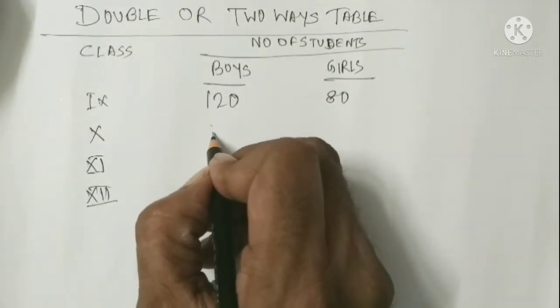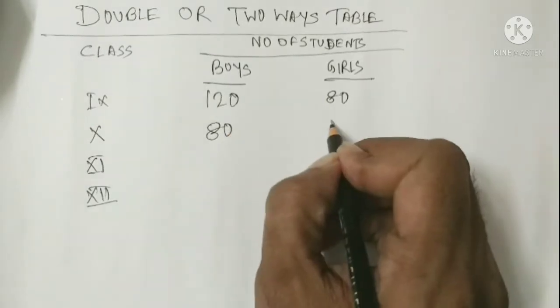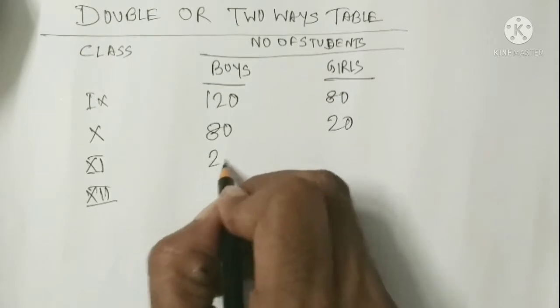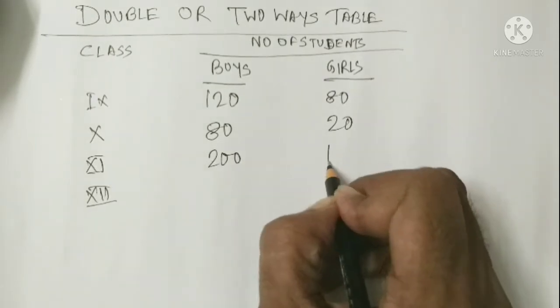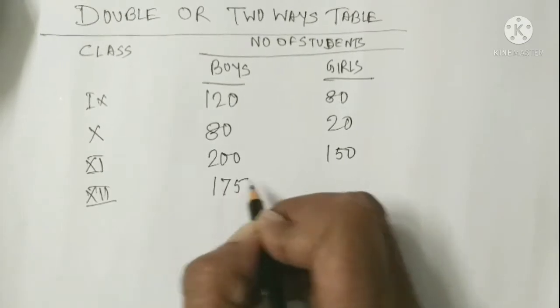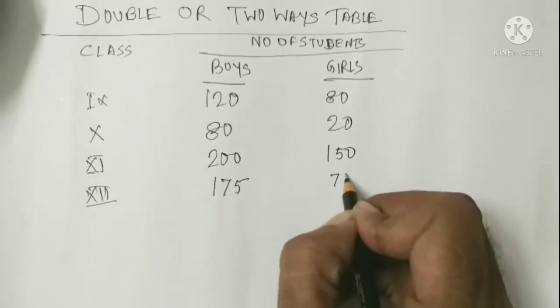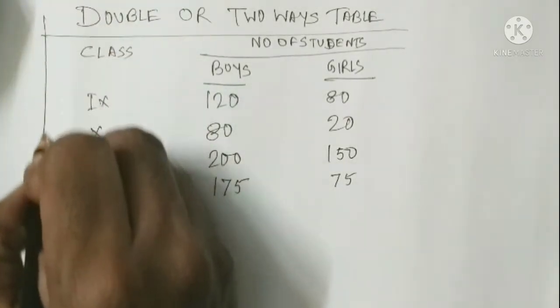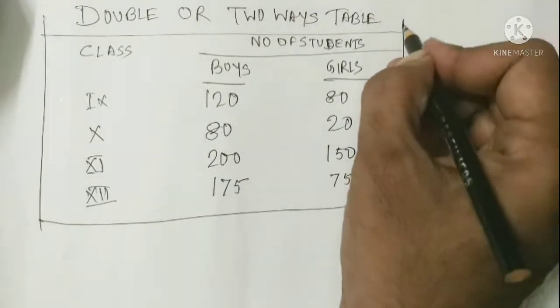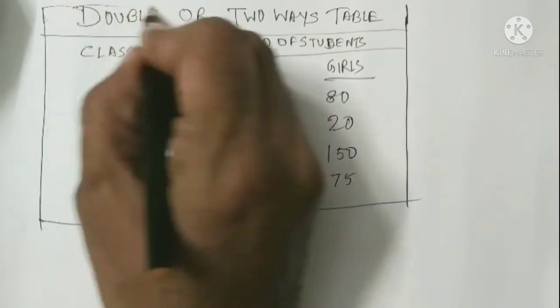In class 10 we get 80 boys, 20 girls. Class 11, 200 boys and 150 girls, and class 12, 175 boys and 75 girls. This is another type of table, but this is to some extent an extended table.